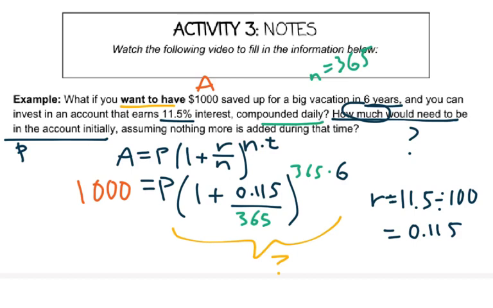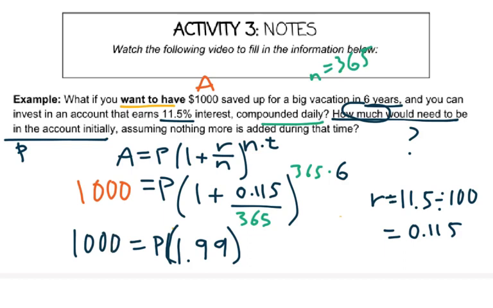And so you should get 1.9934988877, etc. And so I've got P times this number, 1.99, and that is supposed to equal 1,000.